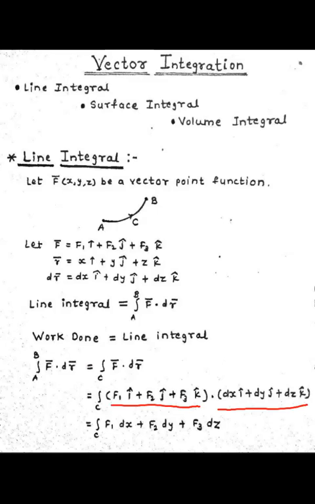I already explained how to take the dot product in my previous video of vector differentiation. You can watch it to understand the dot product. The dot product is only i dot i, j dot j and k dot k. So f1 dx plus f2 dy plus f3 dz is obtained here. This is the expression of line integral.